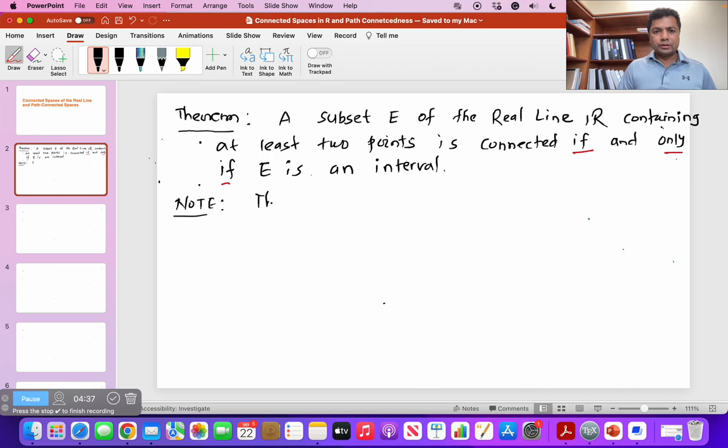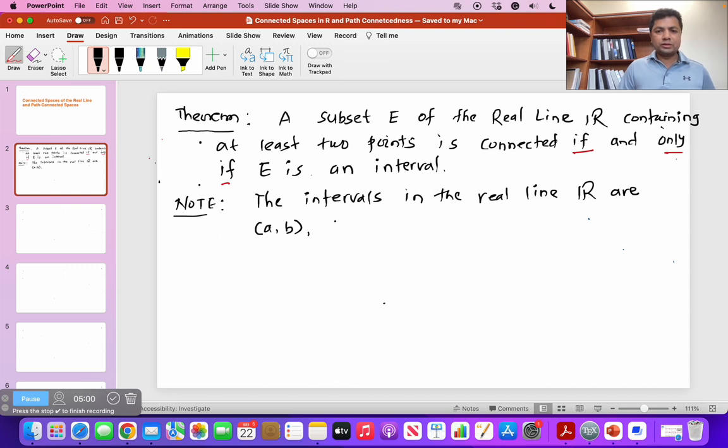The intervals in the real line are those. Let me first list the finite intervals.